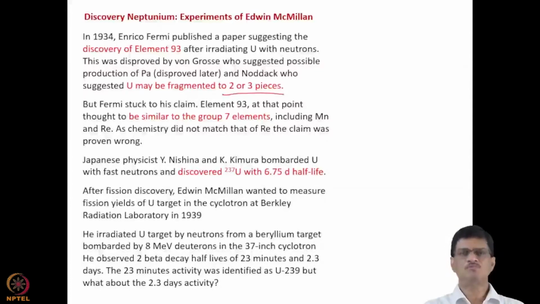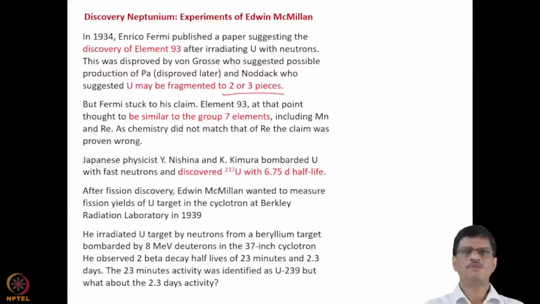But neptunium-237 has a very long half-life, while uranium-237 decays to it with a 6.75 day half-life. So the neptunium-237 formed in very, very small quantities, and that is how Nishina and Kimura could not detect it. Otherwise, they would have been the discoverers of this element.